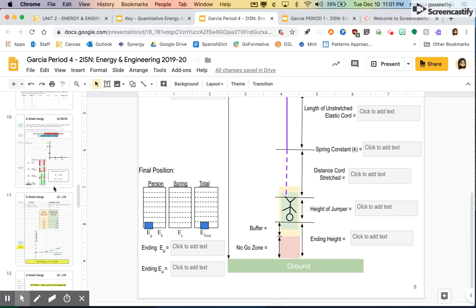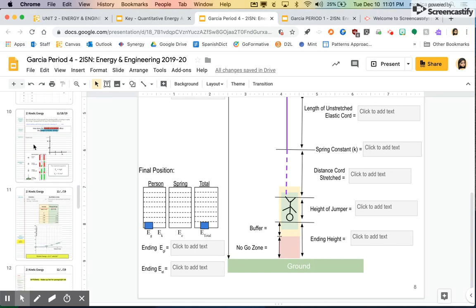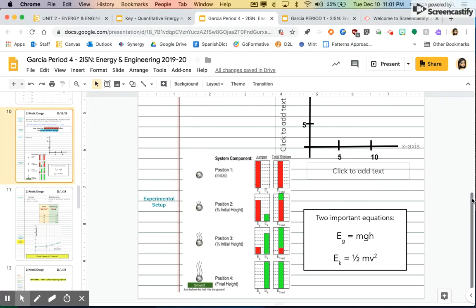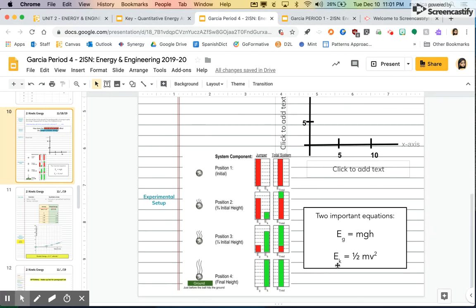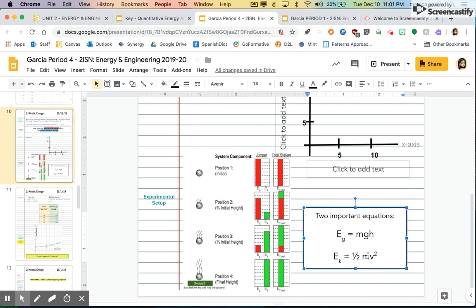If you recall, I'm going to switch slides here just to show you what I'm talking about. If you recall, the equation for kinetic energy is 1/2 mv squared, right? So kinetic energy is calculated using 1/2 times the mass of the jumper times its velocity squared. And if that velocity is 0, then the whole equation is 0.